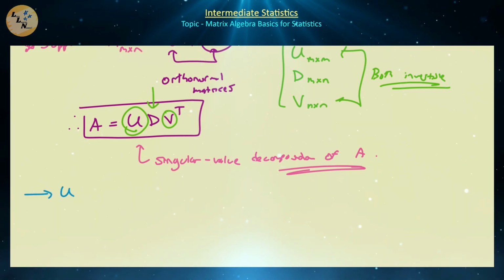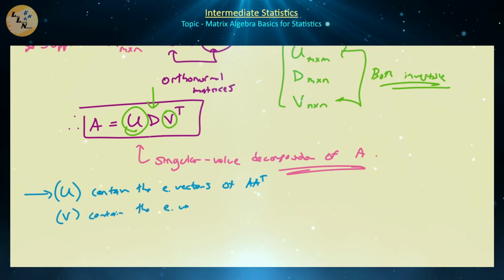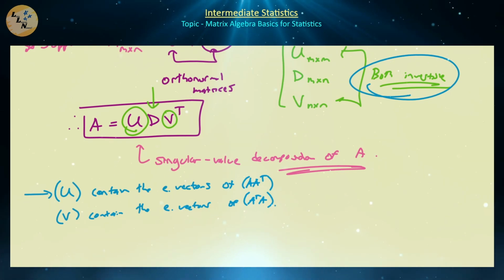So U is going to contain the eigenvectors of A times A transpose. V is going to contain the eigenvectors of A transpose A. Now, how do you know that they always have, for example, m eigenvectors and n eigenvectors that force these matrices to be invertible? Well, keep in mind, all symmetric matrices, which A A^T and A^T A are, always have an eigenvalue decomposition.